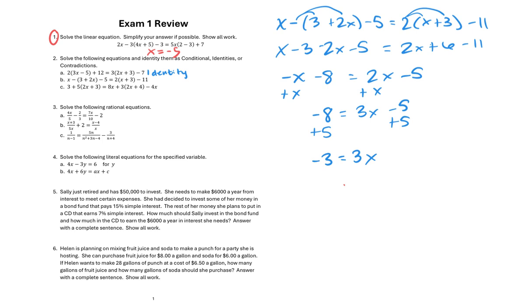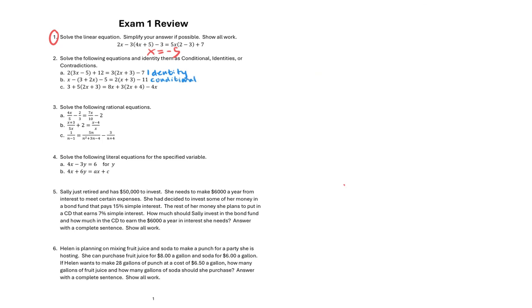So then I solve this and I get x is equal to negative 1. So I wrote that, x is equal to negative 1, because I divided both sides by 3. So since this solved down to x equals some number, we know that this is a conditional statement.